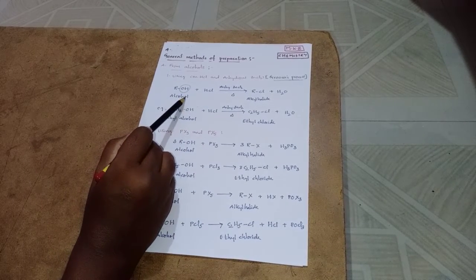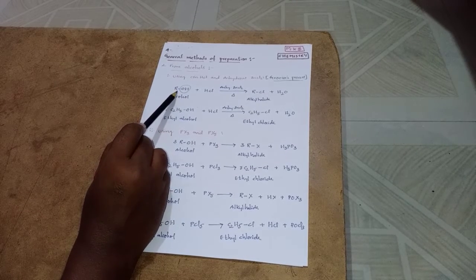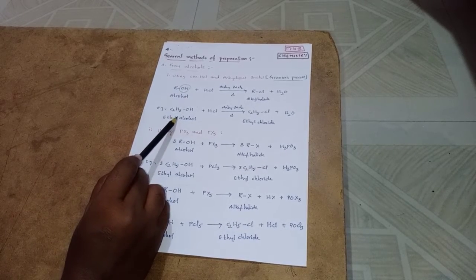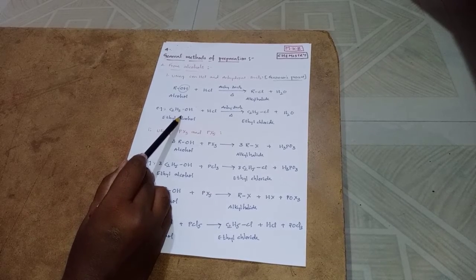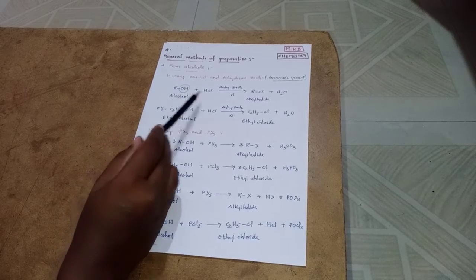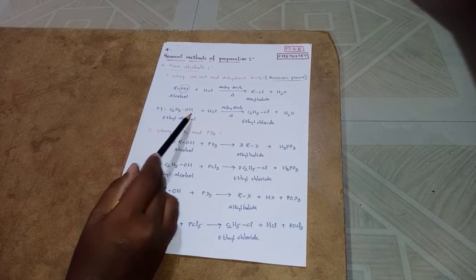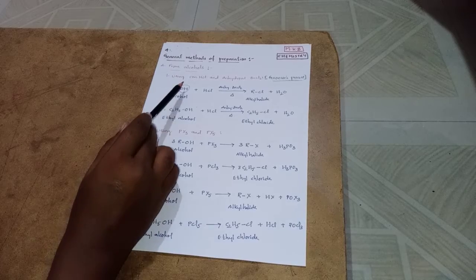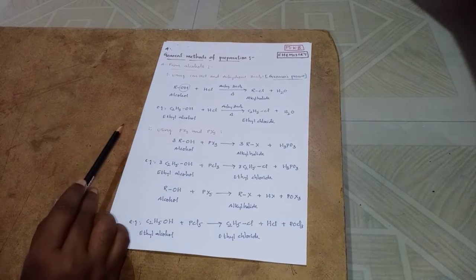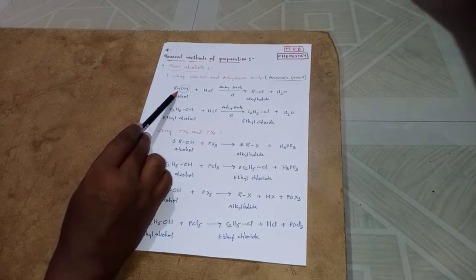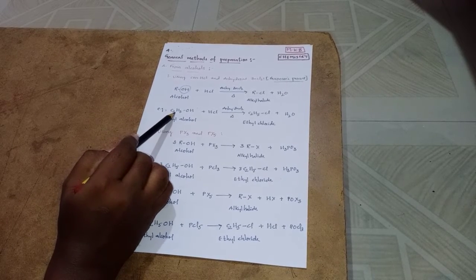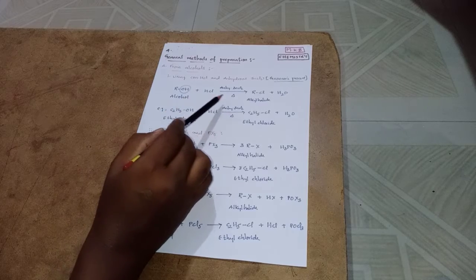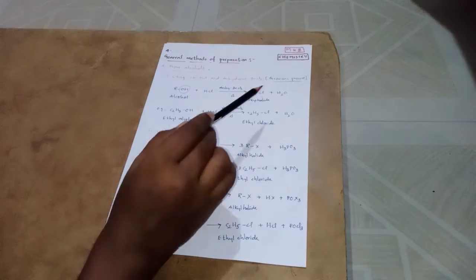It is very important to learn both the general reaction and a specific example. In the examination, they will ask either to write the general equation or a specific example, so you should concentrate on both. For the example, it is very easy. In place of R, you write C2H5, and in place of X, we can write any halogen.